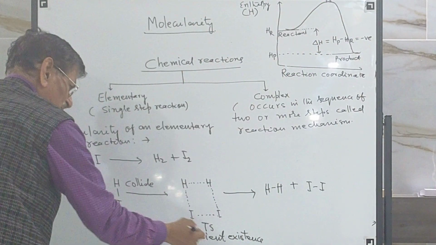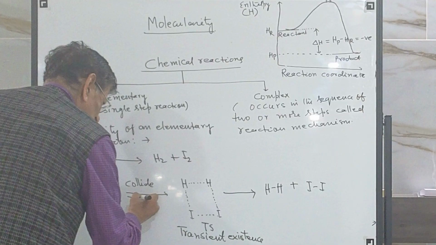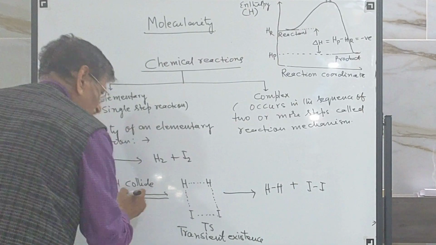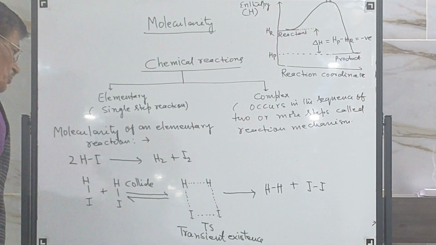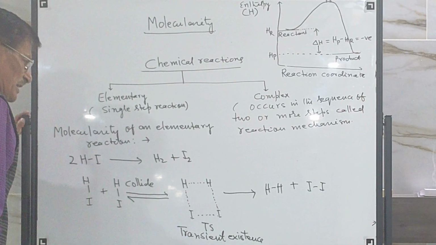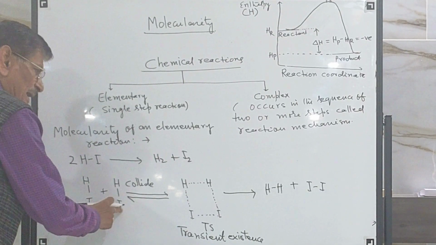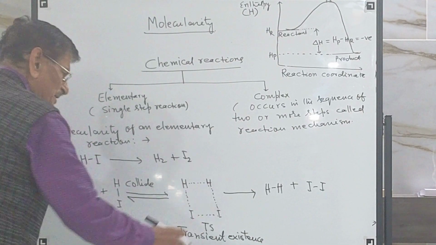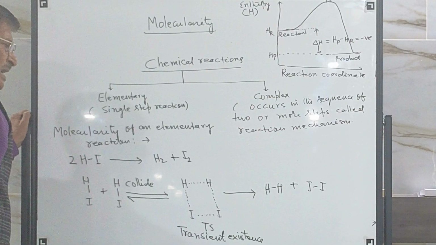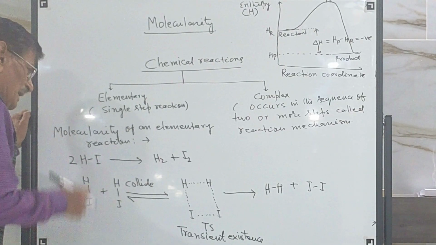So this means transition state formation is a reversible process. So we have to conclude now that the chemical reaction takes place by collision between the reactant molecules. The collision first forms the transition state, and then the transition state converts into the product.